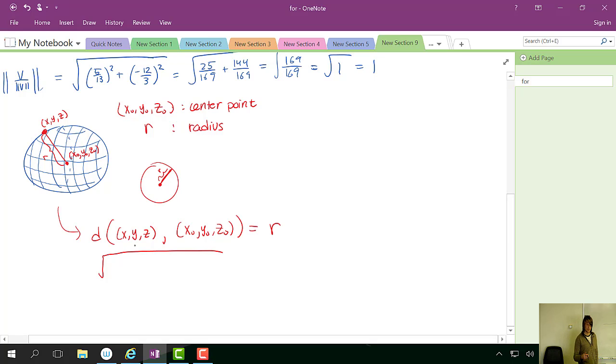Do we remember the distance formula? It's the square root of the sum of subtractions squared. So x minus x naught squared, y minus y naught squared, z minus z naught squared, all under the square root, equals r.